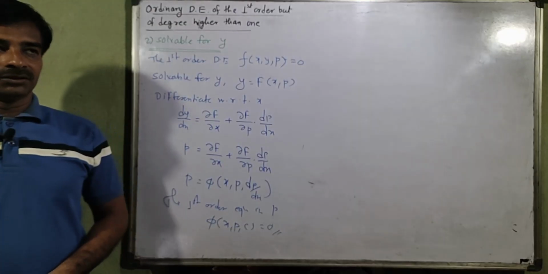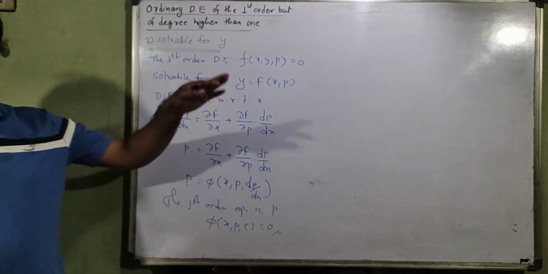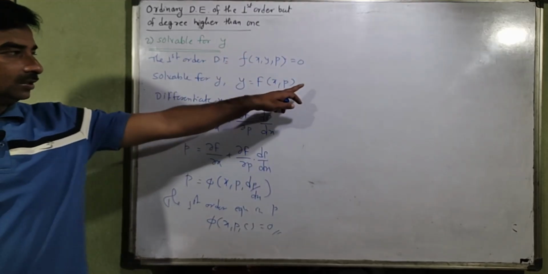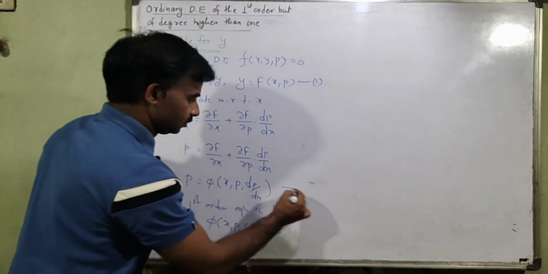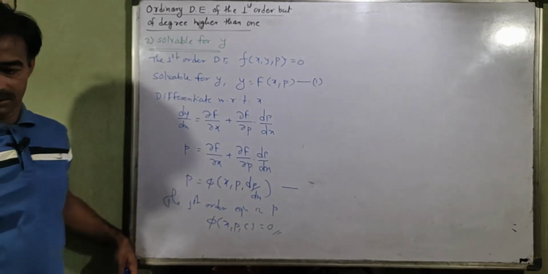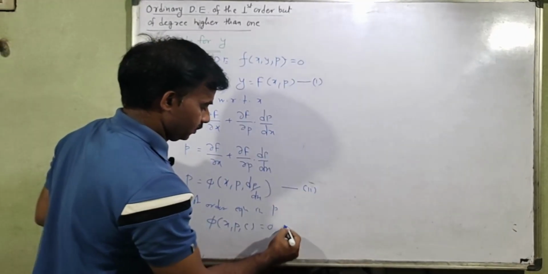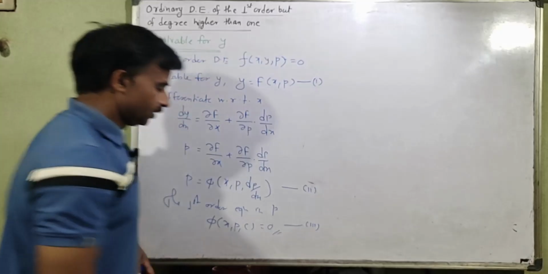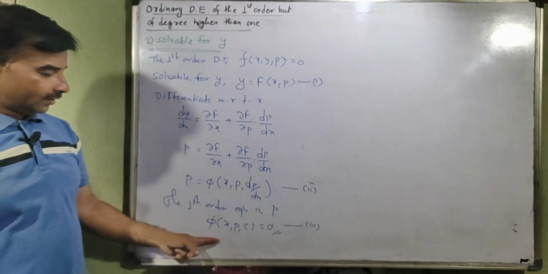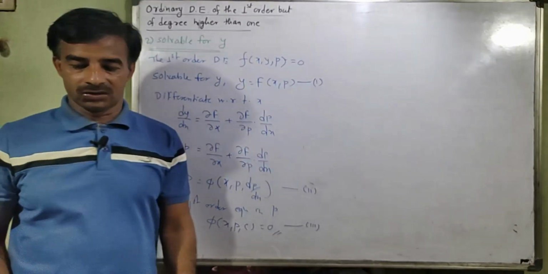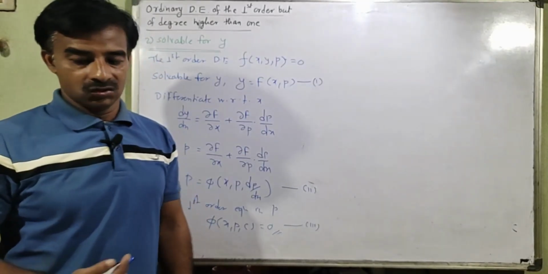It is eliminating p using the equations. Let us consider it is equation 1, this is equation 2, and equation 3 is here. Eliminating p by using equation 1 and 3, you will get the final solution, or relation between x, y and c, and this is the general solution of 1.